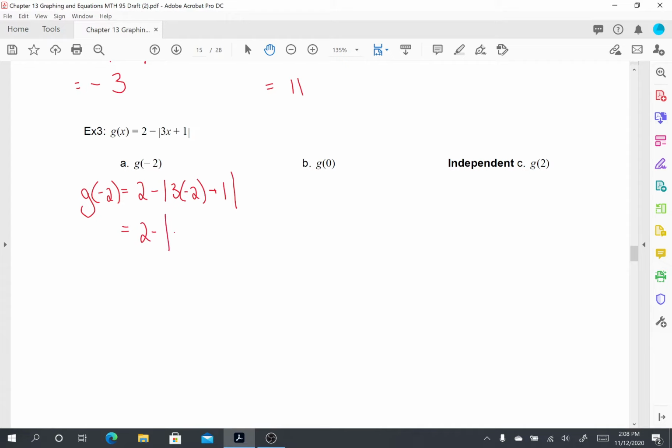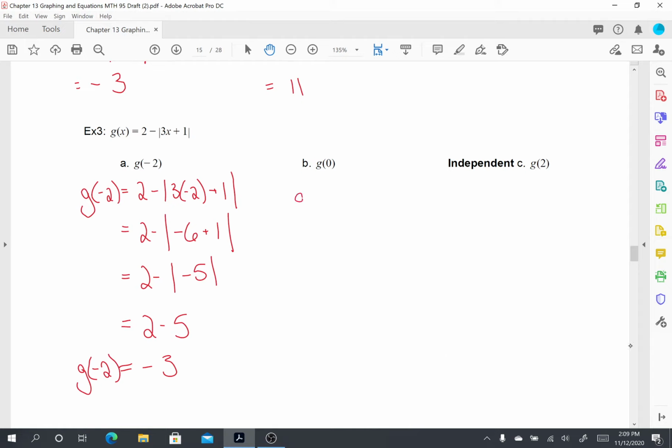We're going to multiply first. Then we will have negative 6 plus 1, which is negative 5. How far is negative 5 away from 0? It is 5 away from 0. And now we end up with negative 3. Remembering to answer the question, g of negative 2 equals negative 3.